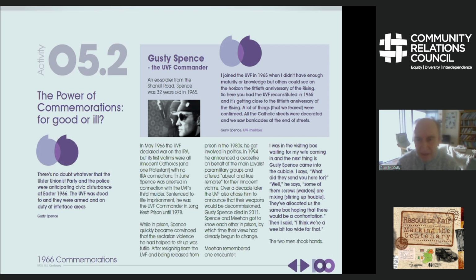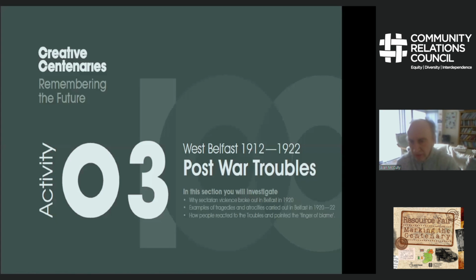Okay, moving on to the post-war Troubles period. A couple of things here. We were less interested in the political side to this. There is a detailed timeline which people could follow, but the events leading to the formation of Northern Ireland are pretty well documented in terms of the politics. What we wanted to capture was what was happening in the streets.